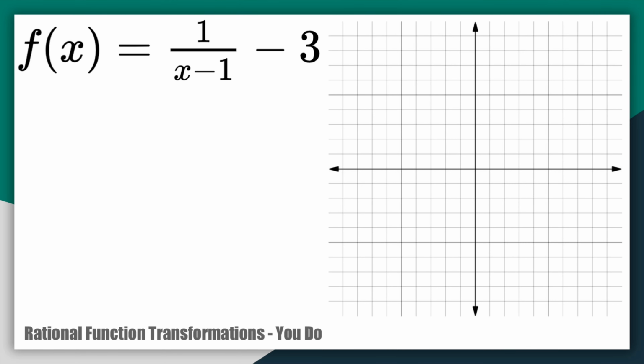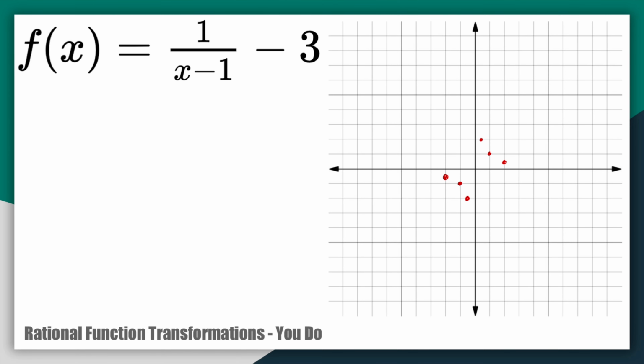Okay, so hopefully you gave that a try. You should have put your parent points in first, so (-2, -0.5), (-1, -1), (-0.5, -2), like there. And then you have the opposite, (0.5, 2), (1, 1), (2, 0.5), okay?